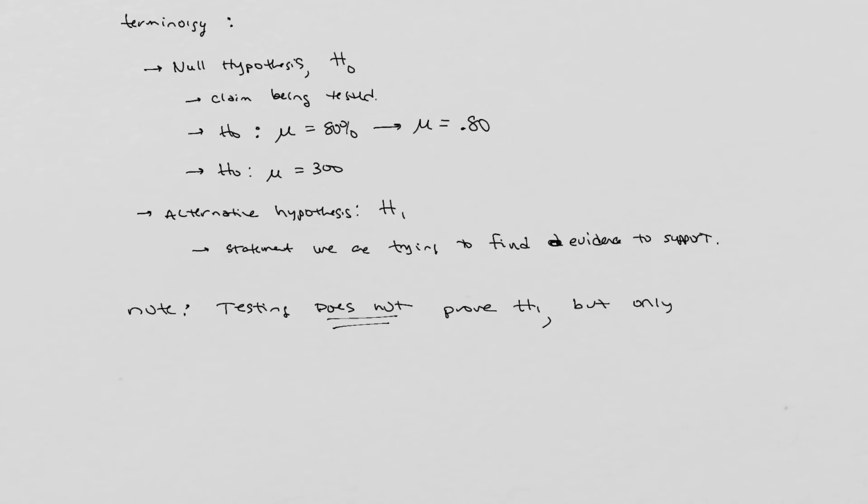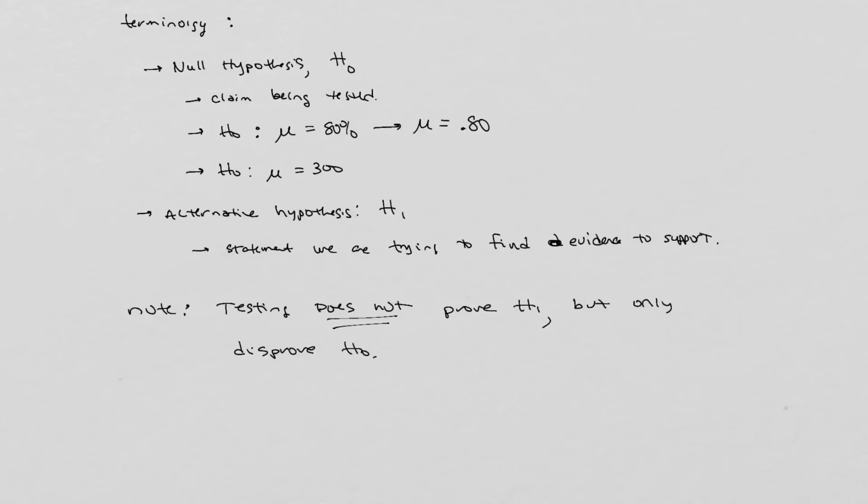The only thing we can do is disprove the null hypothesis. So in all our conclusions that we'll see at the end, our answers will be that we either accept the null hypothesis or we reject the null hypothesis. We're not saying the alternative hypothesis is true. We have to do a whole different test for that. Really, for hypothesis testing, we're trying to decide if something is not true or not.